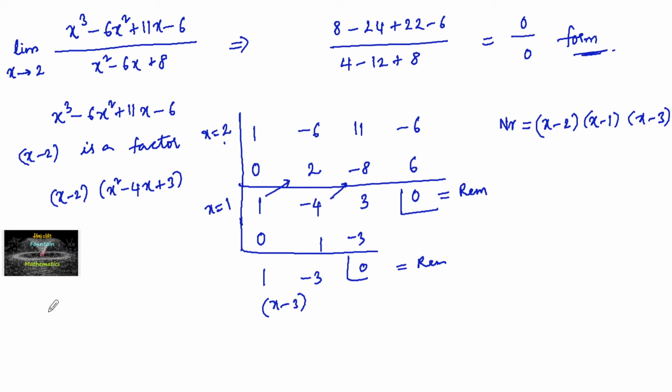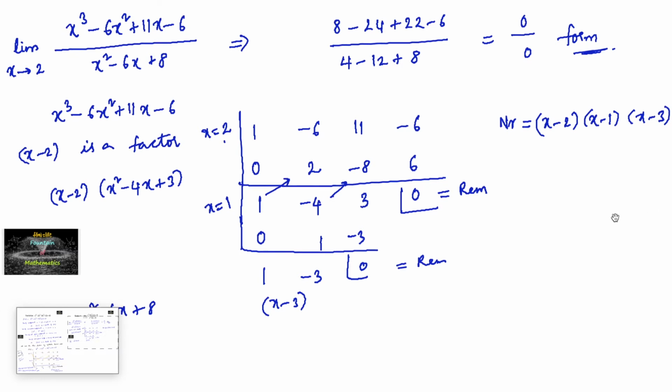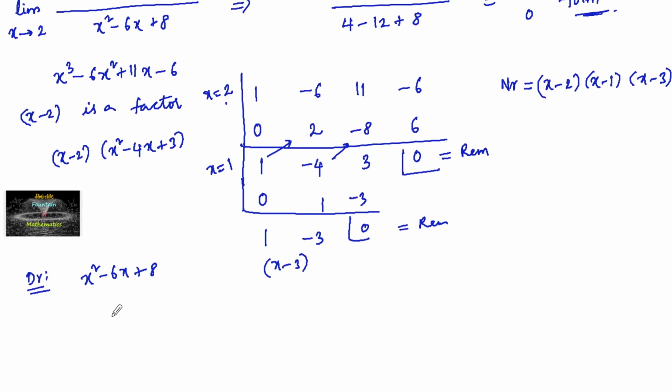Now the denominator part, x^2 − 6x + 8. We can do factorization, and we know one factor is x − 2, so we can use the synthetic division method also. It's quite simple. Take the coefficients 1, −6 and 8.